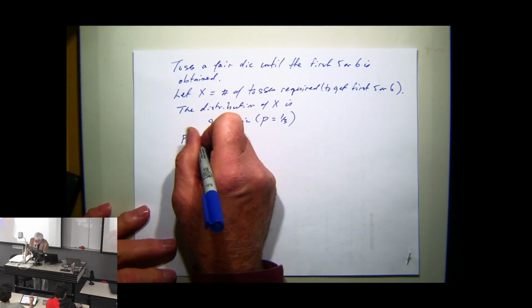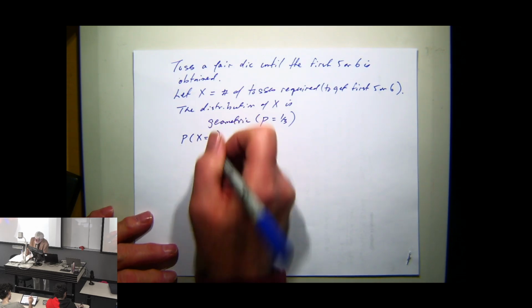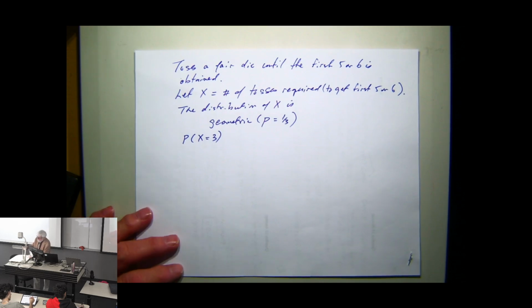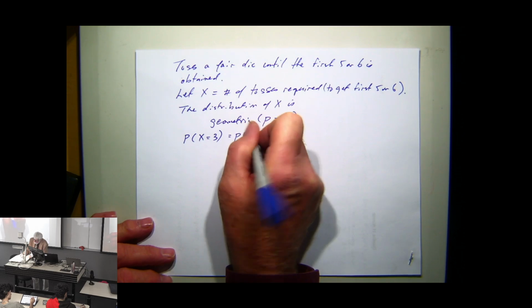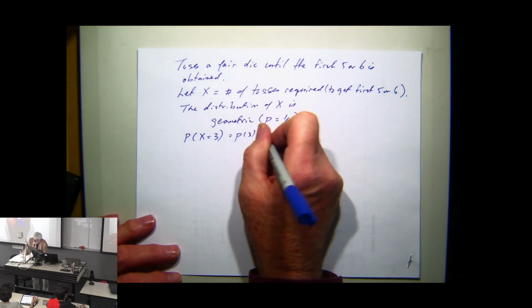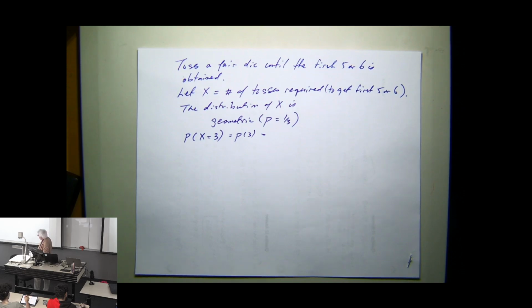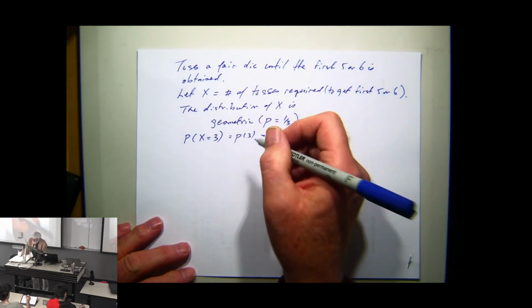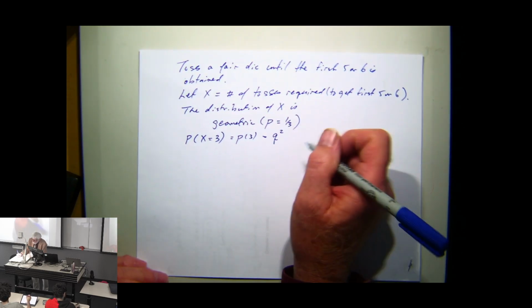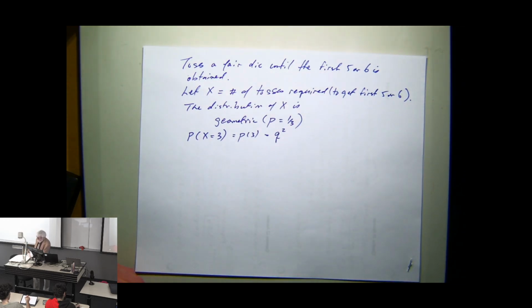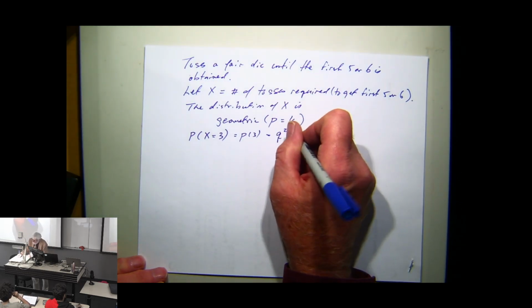So the probability x is equal to 3, that we have to go 3 tosses, or you could call that p of little 3. In order to go 3 tosses, first of all, we have to fail twice. So we're going to take q squared. In other words, we didn't succeed on our first toss. We didn't succeed on our second toss, but we do succeed on our third toss.